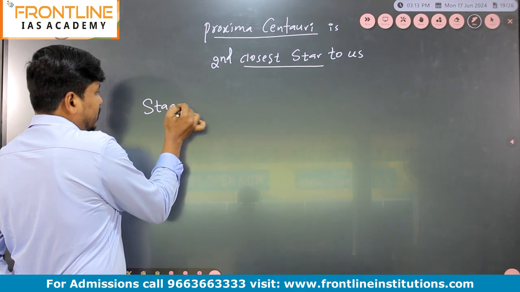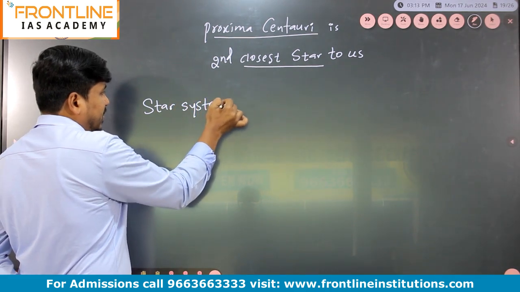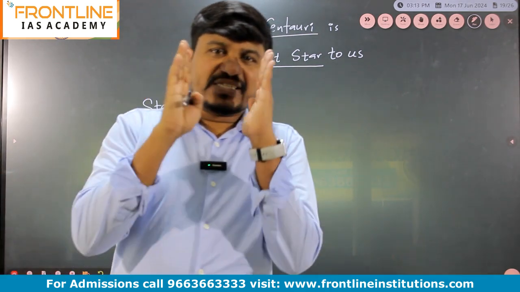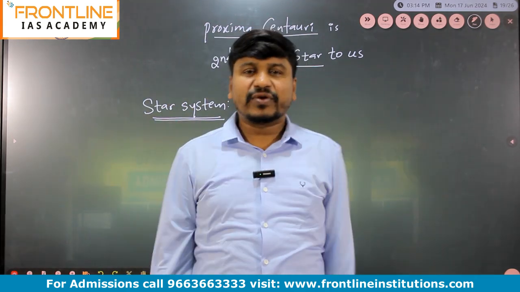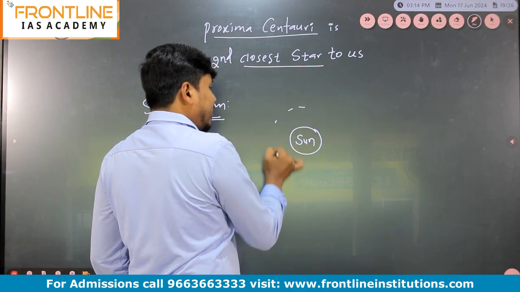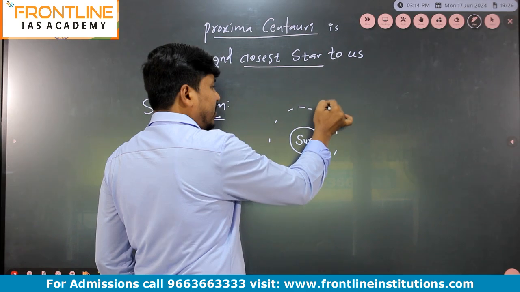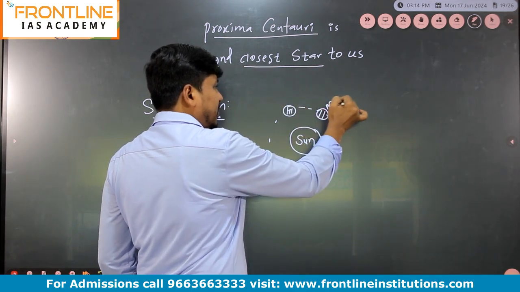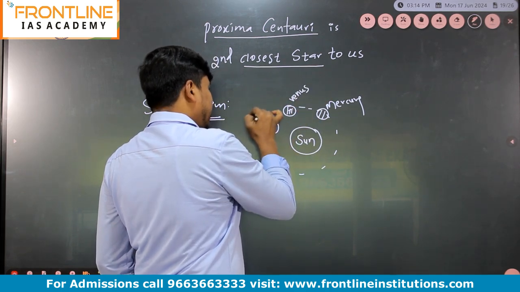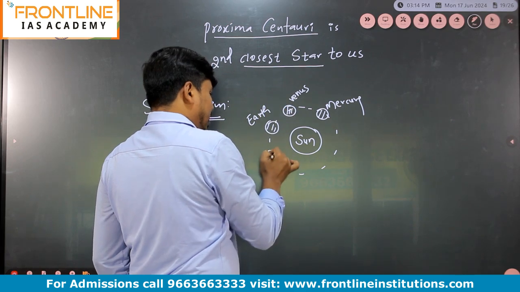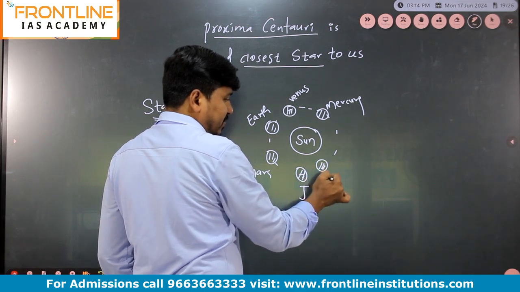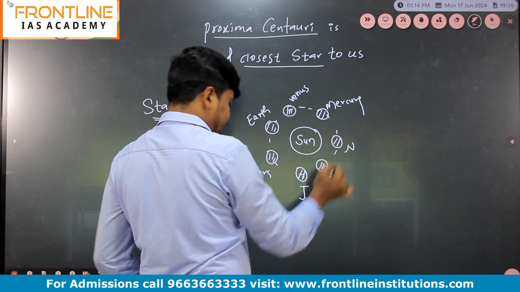Star system means a group of a star and its celestial bodies all together. For example, suppose your sun is the star and it has 8 planets: Mercury, Venus, Earth, Mars, Jupiter, Saturn, Uranus and Neptune.